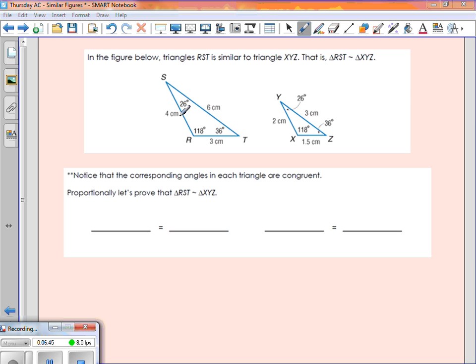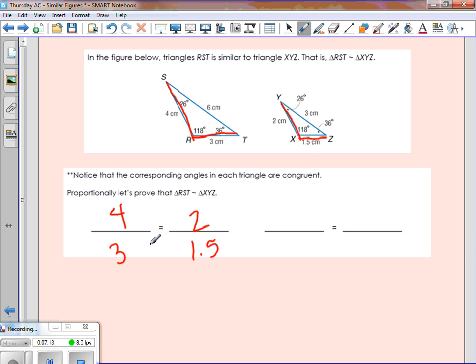So let's say we take 4 and 3 from this triangle, and then the corresponding sides are 2 and 1.5 from this triangle. Okay? Now, I have the same corresponding sides on top, 4 and 2, and corresponding sides on the bottom, 3 and 1.5.